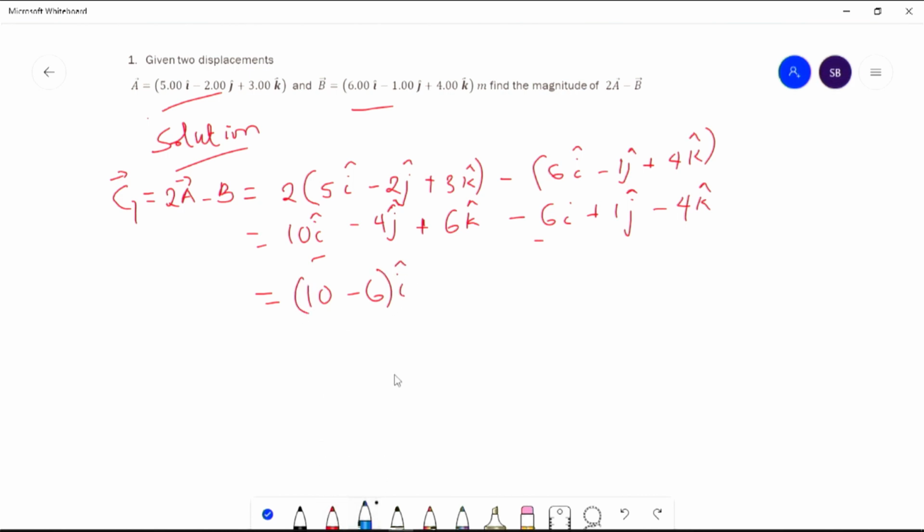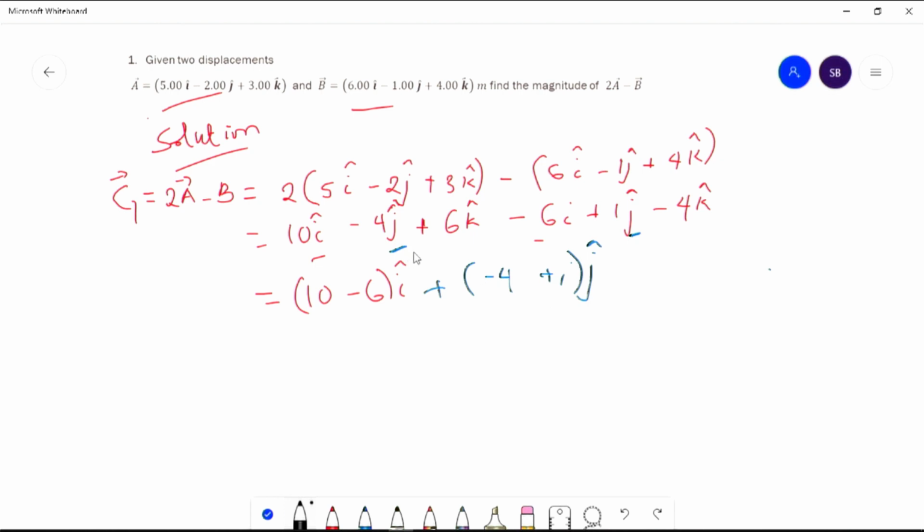Then for j, we have minus 4 plus 1, and then we put our j out. So we collect the like terms correctly.